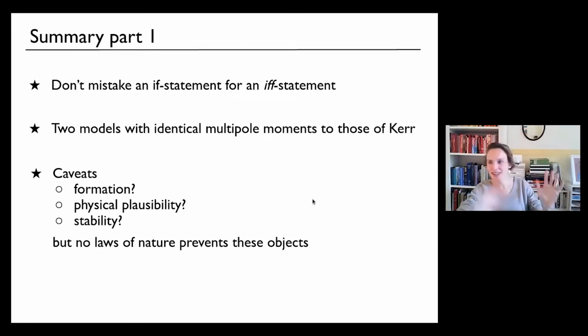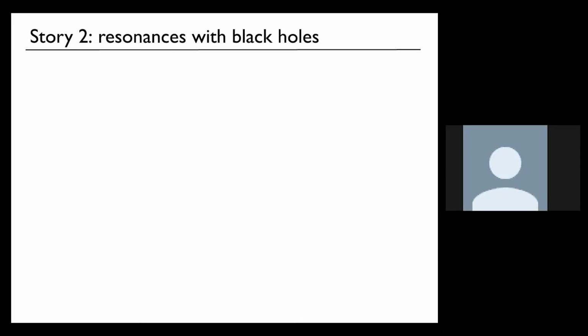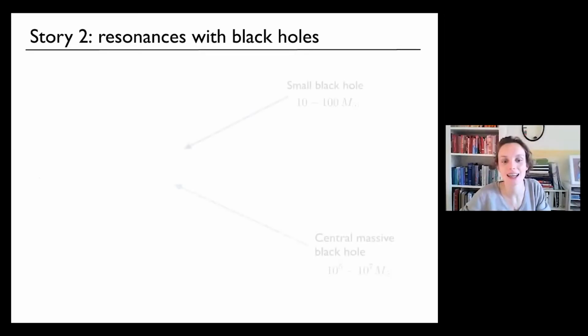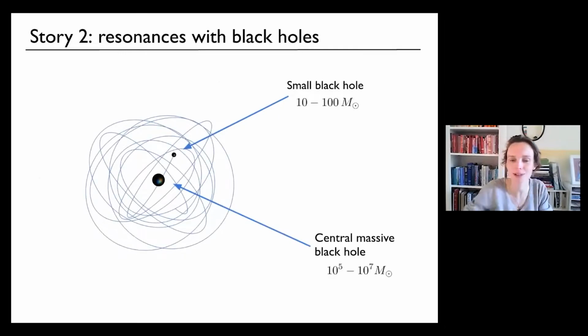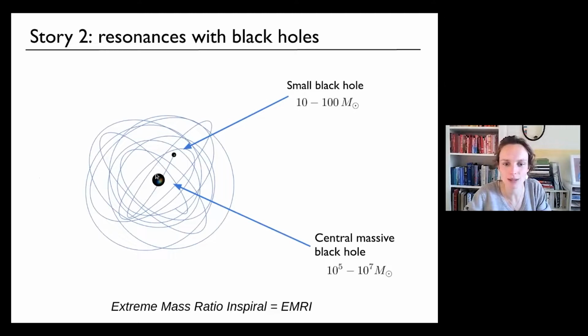Okay, so let me go on to story 2, which is about resonances with black holes. And indeed, they are in the setting of these MRIs that I mentioned, so these extreme mass ratio inspirals. So they describe a central massive black hole of 10 to the 5, 10 to the 7 solar masses, orbited by a small black hole of, say, 10 to 100 solar masses.